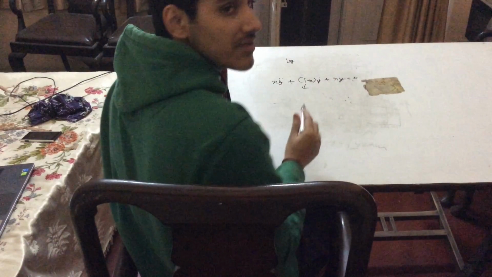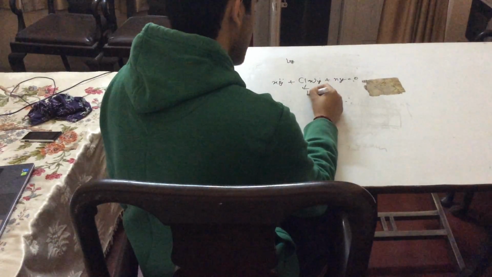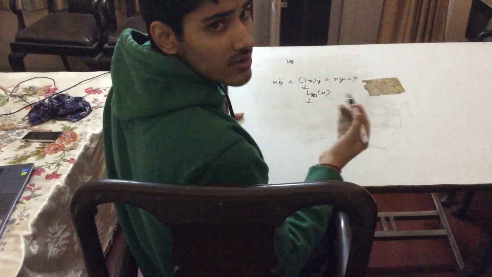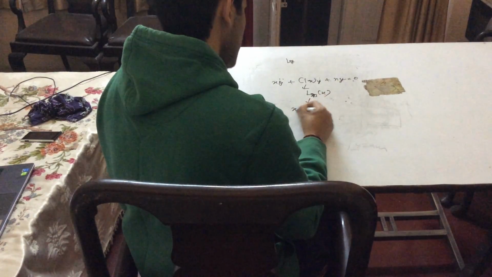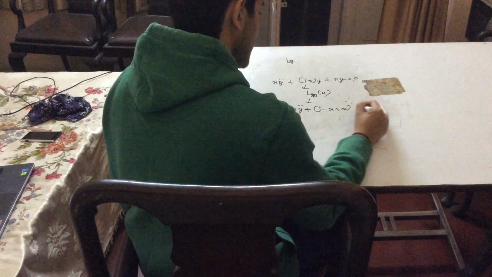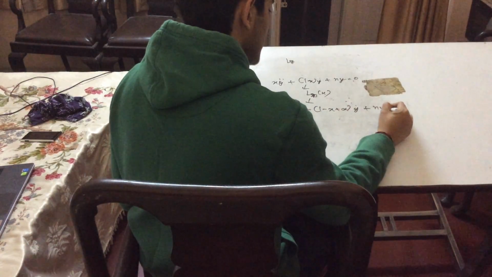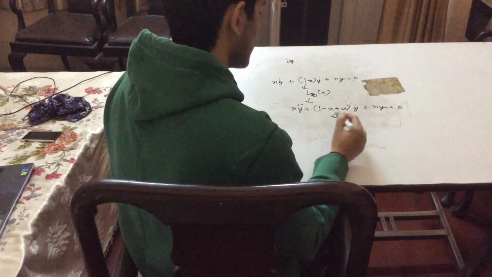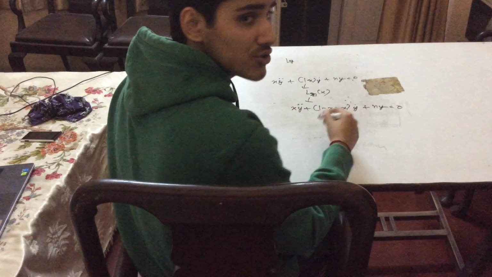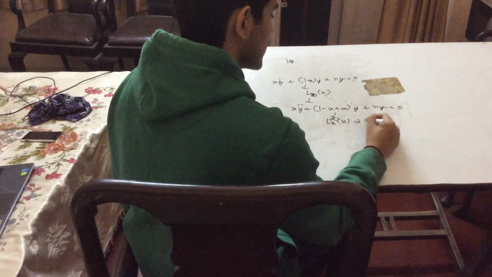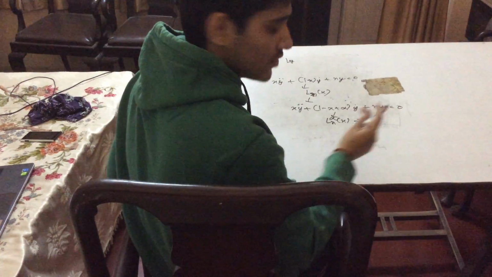The solution of this differential equation is the Laguerre polynomial, which is given as L_n of x. Now the most general form is x y double dot plus (1 minus x plus alpha) into y dot plus n y equals 0, and the solution of this is given as L_n^alpha of x. This is the most general way of describing a Laguerre polynomial.